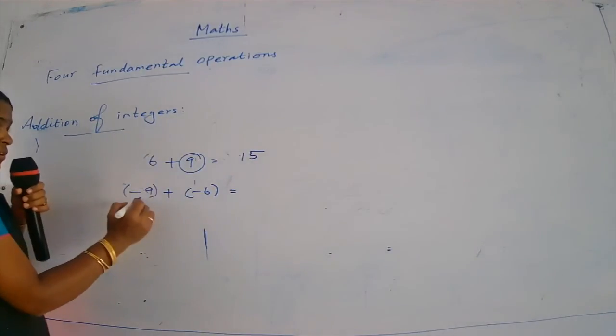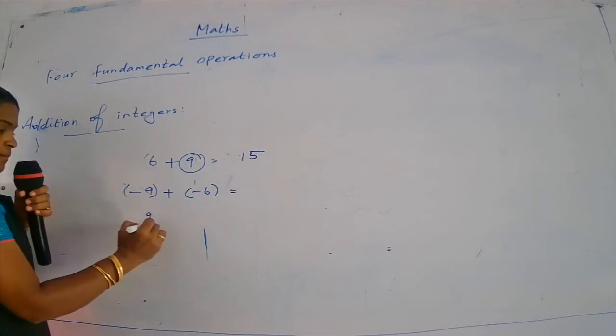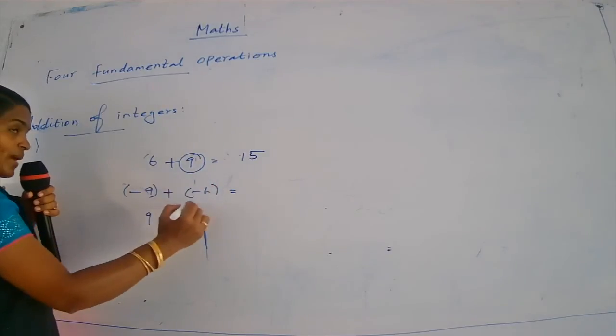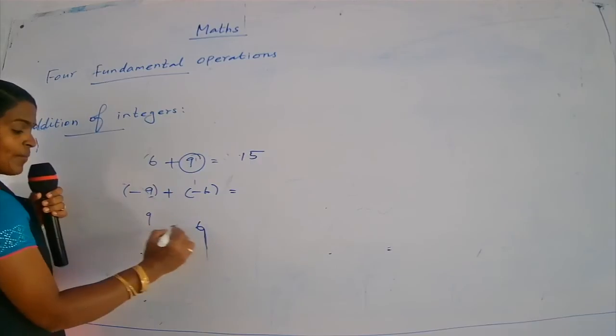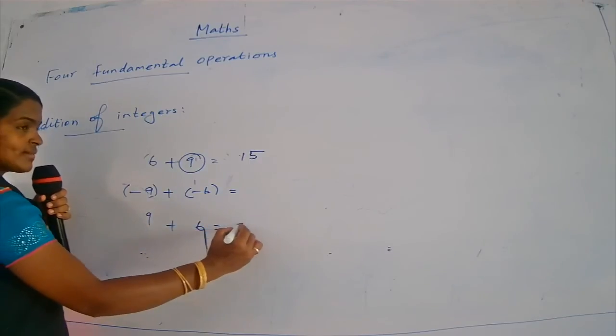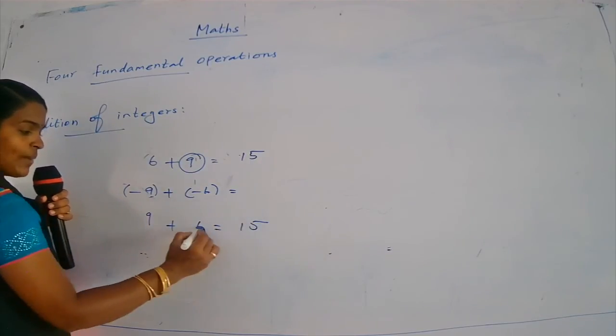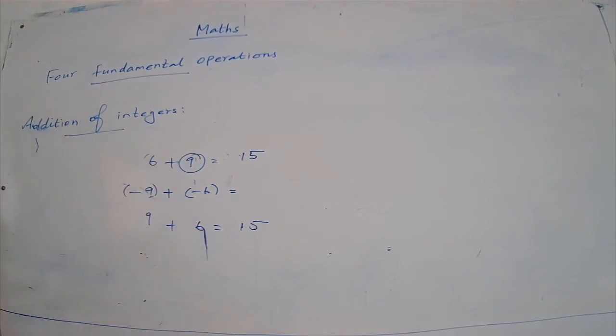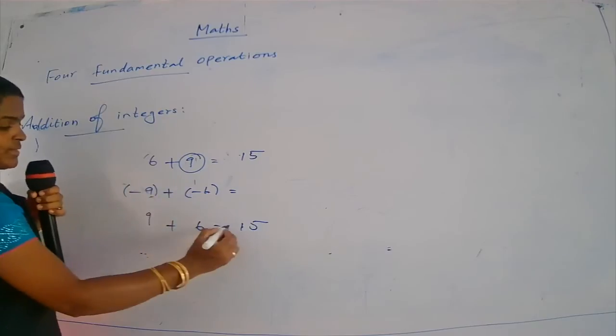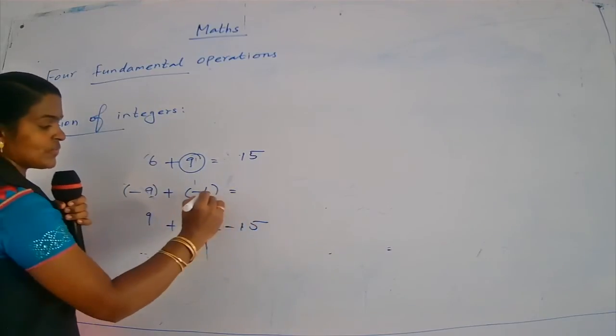The absolute value of minus 9 is 9, and of minus 6 is 6. So 9 plus 6 is 15. Then assign the same sign to the answer. What is the sign? Minus. So your answer is minus 15.